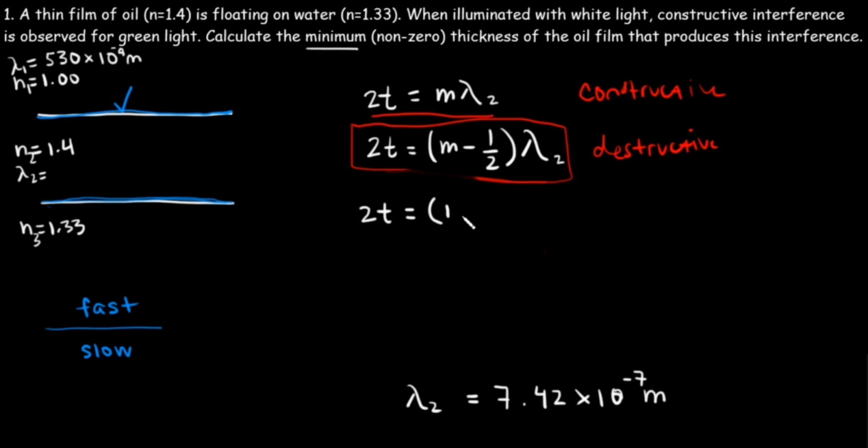So we're going to have 1 minus 1 over 2 times wavelength 2, which we calculated down here. It's 7.42 times 10 to the negative 7.